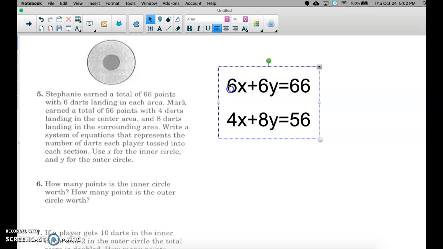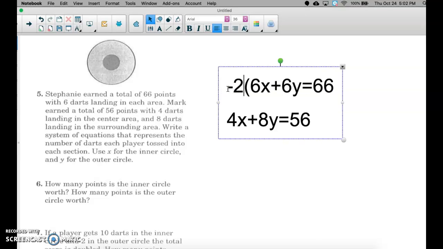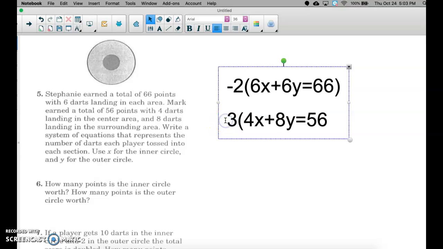This one I think is just going to be easier to eliminate, so I'm going to multiply this entire thing by -2. And then we'll multiply this one by 3 so that our x's cancel out. You're going to be working with some big numbers either way.